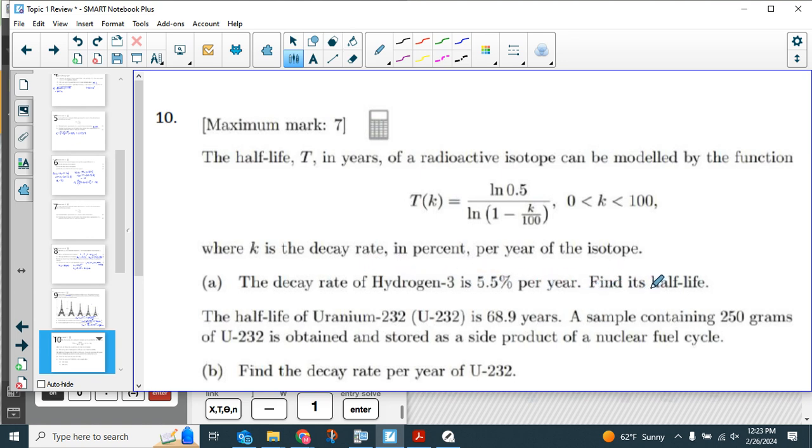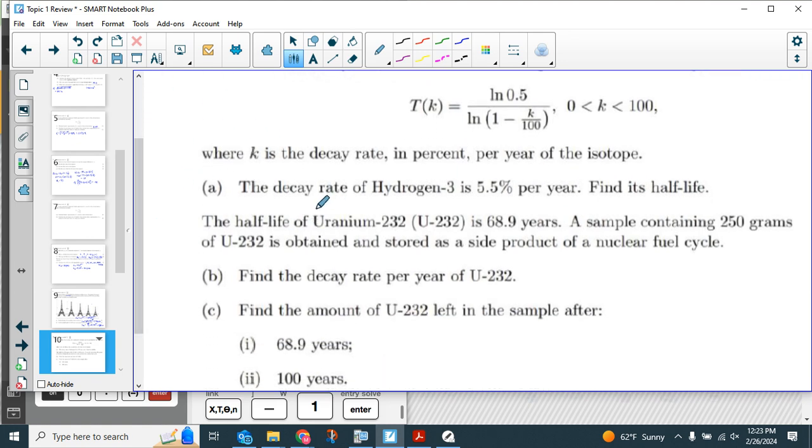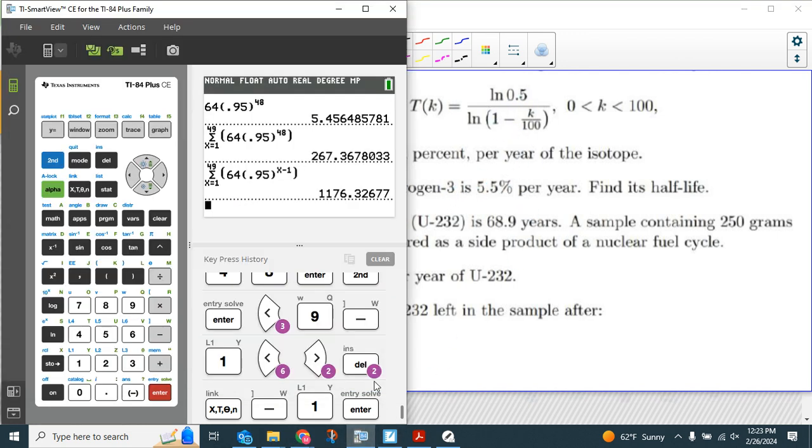Find its half-life, right? So here, we just do T of 5.5. All right, so you just plug 5.5 into K here.